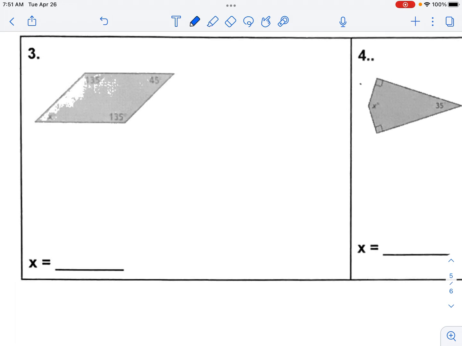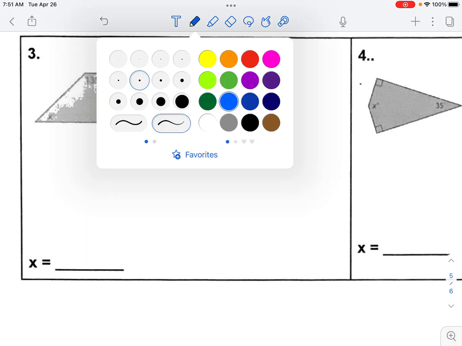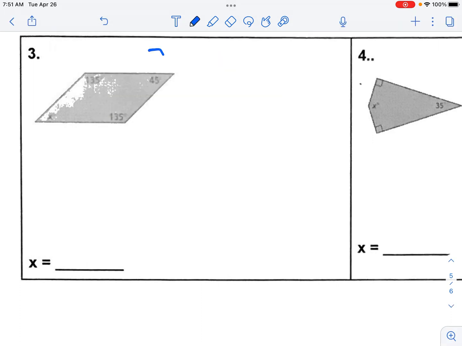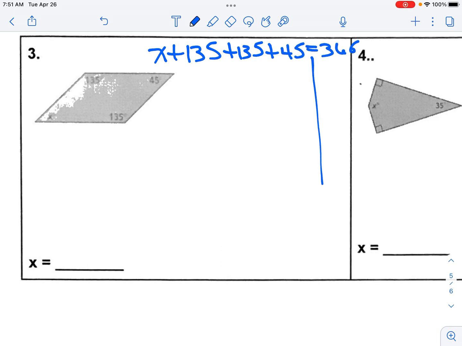Now for a quadrilateral, the sum of all of the angles is 360 degrees. So here I'm going to have x plus 135. Okay, so x plus 135 plus 135 plus 45 equals 360.